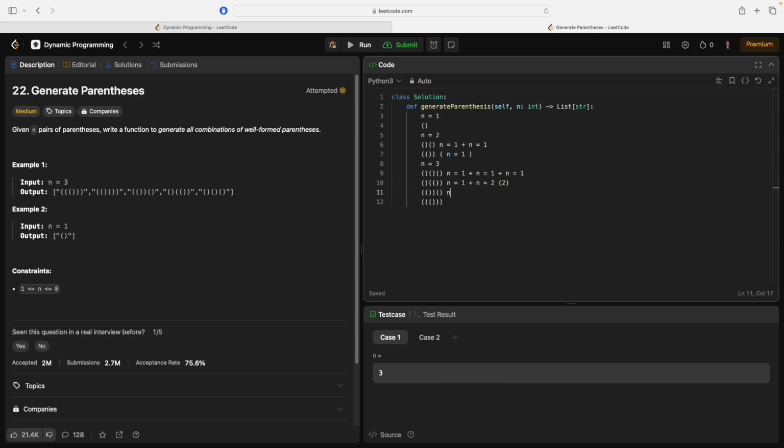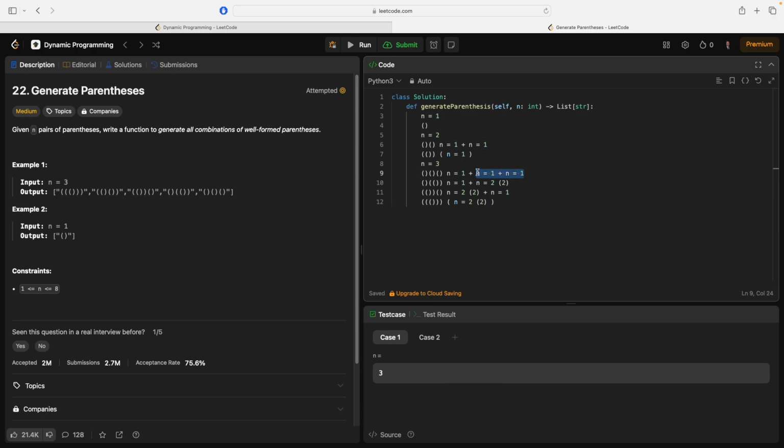Or we could do the opposite of that, n equals 2 plus n equals 1, or n equals 2 surrounded by parentheses. Okay, so I think I'm starting to see the pattern here.